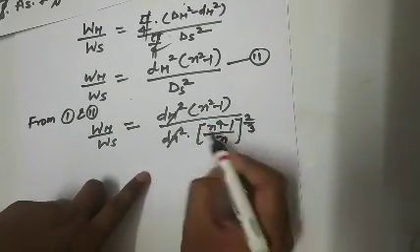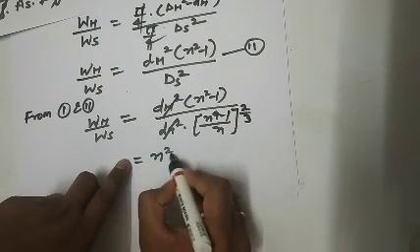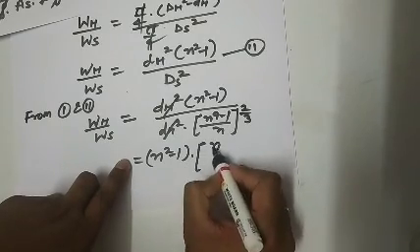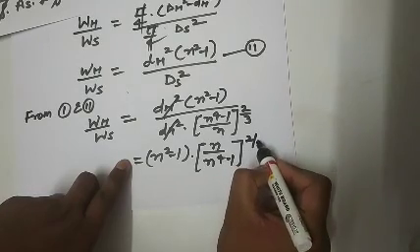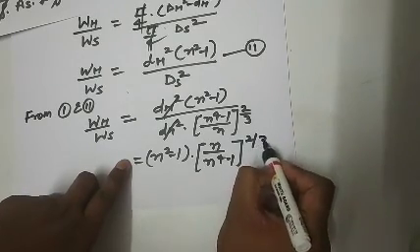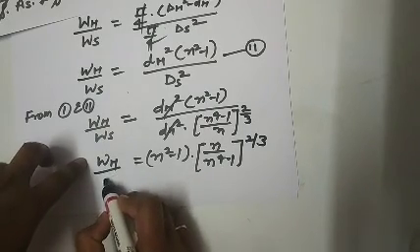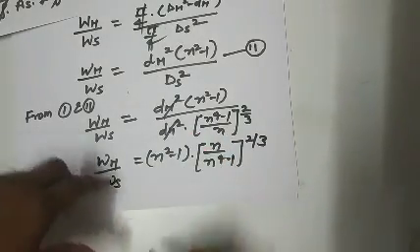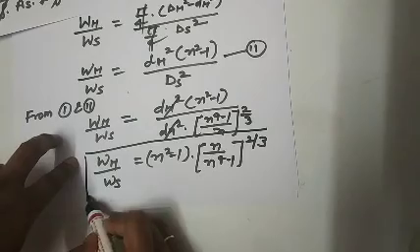So they are cancelled out, and finally the expression will be (n square minus 1) into n upon (n to the power 4 minus 1), and this will be 2 by 3 for compression in weight ratio, right? Now put the value of n equal to 2.